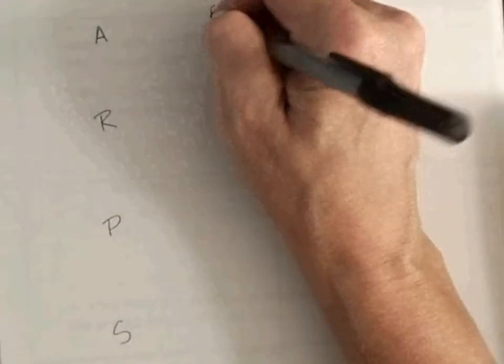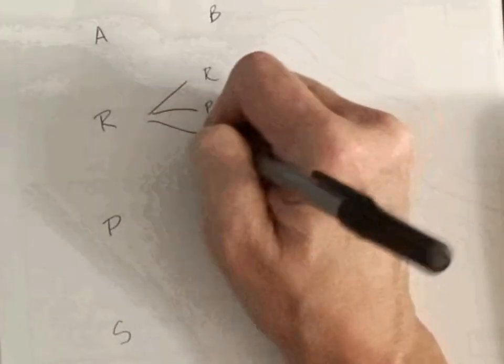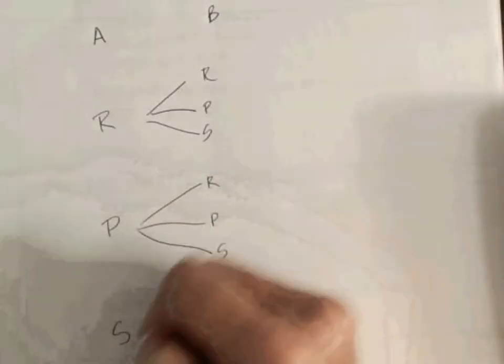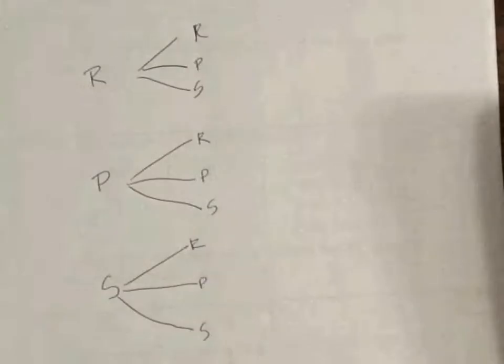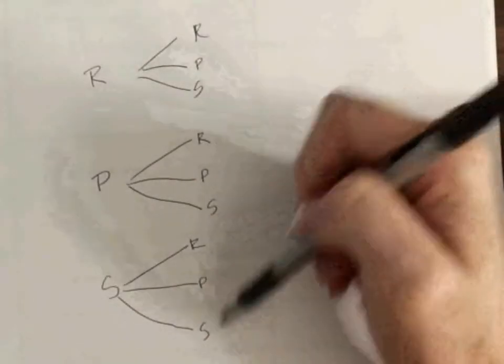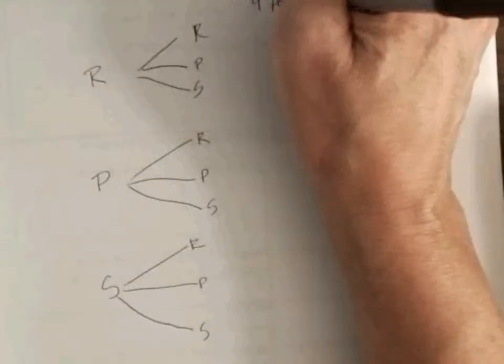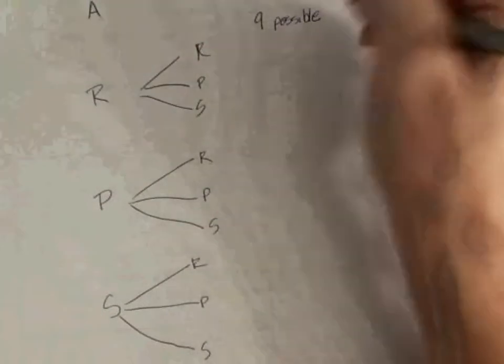Then player B can choose rock, paper, scissors also. So these are all your options when you're playing with two people. If you count 1, 2, 3, 4, 5, 6, 7, 8, 9, you have 9 possible outcomes.